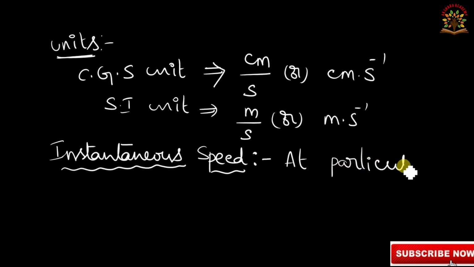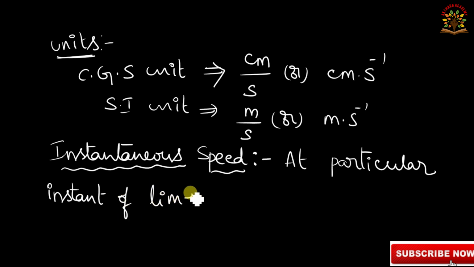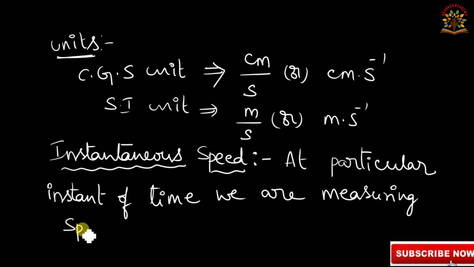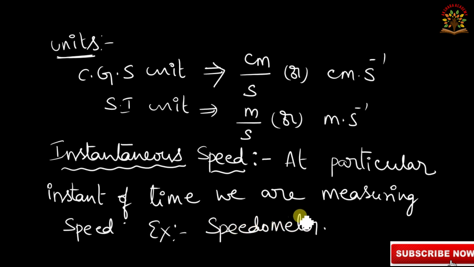At a particular instant of time, we are measuring speed. That is known as instantaneous speed. Example, speedometer. Okay.